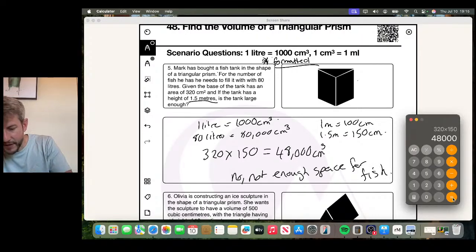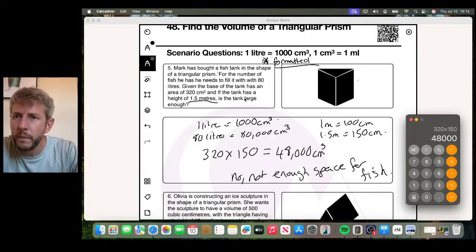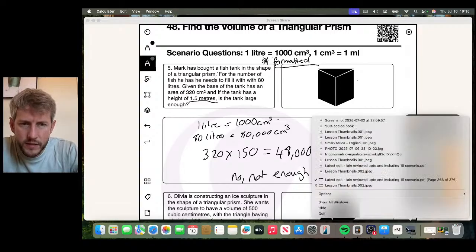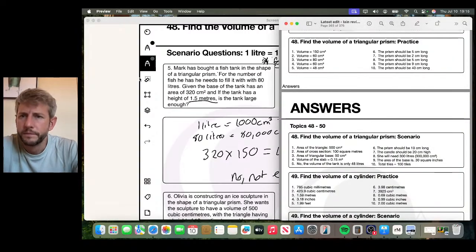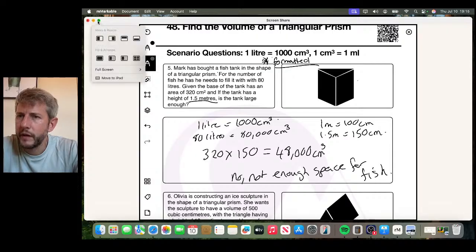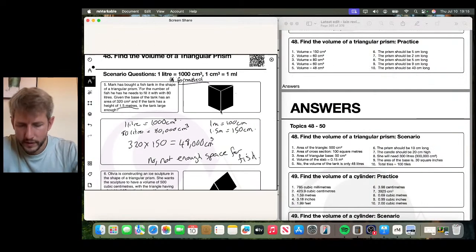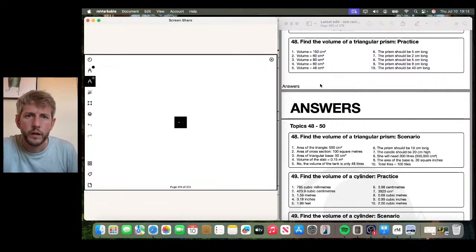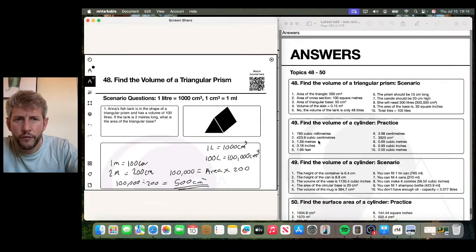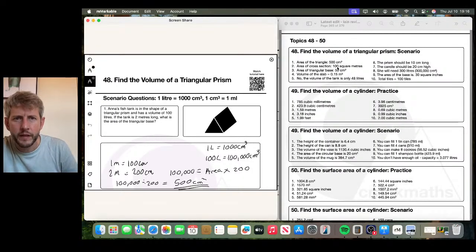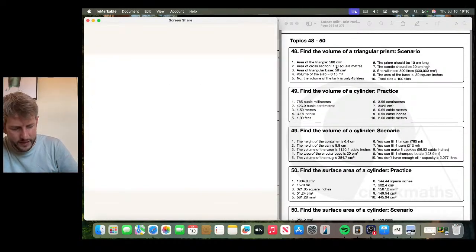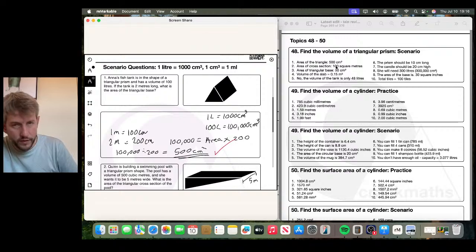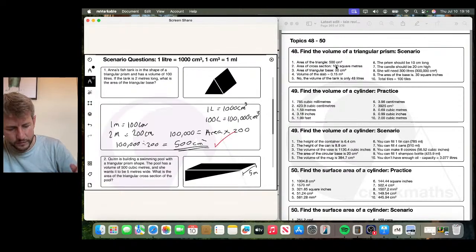Okay, right, let's mark these. Okay, so here we go. I need to get the answers. And then here we go. Right, so we're at the volume of a triangular prism scenario. So area, excellent. We agree with that one, so that's correct now.